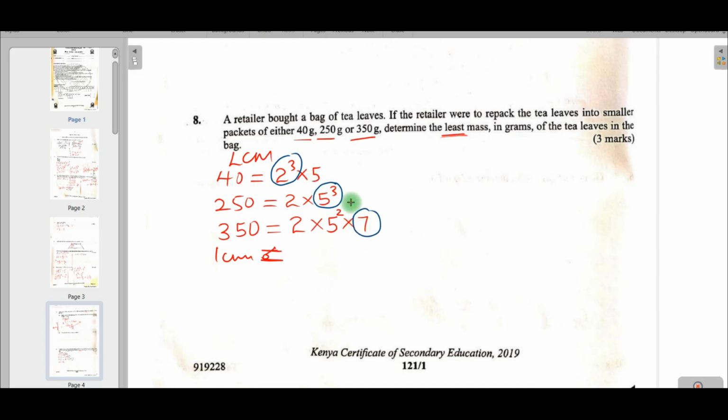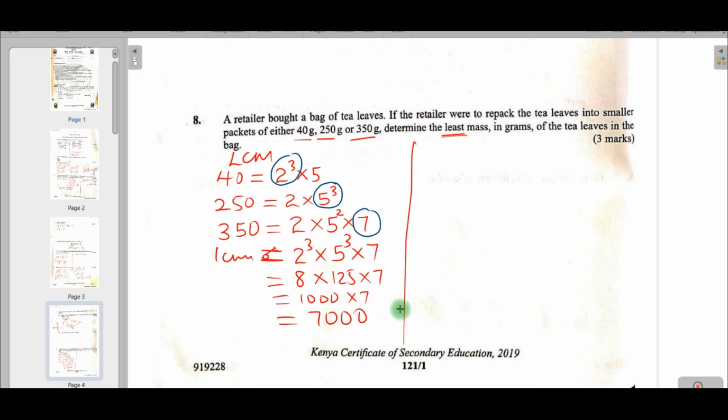Then we take 7. So that will be 2 power 3 times 5 cubed times 7. 2 power 3 is 8 times 5 power 3 is 125 times 7. 8 times 125 is 1000 times 7, and therefore LCM is 7000.